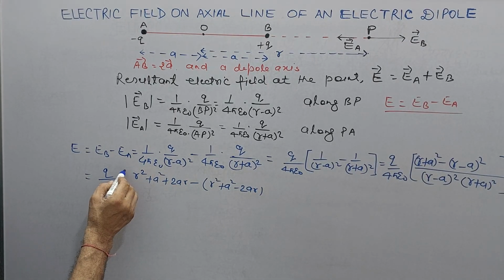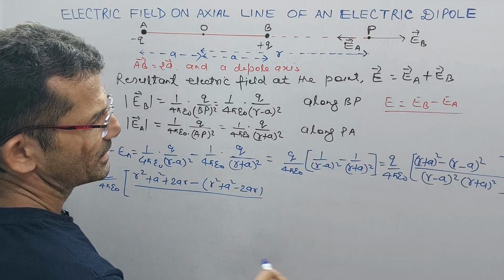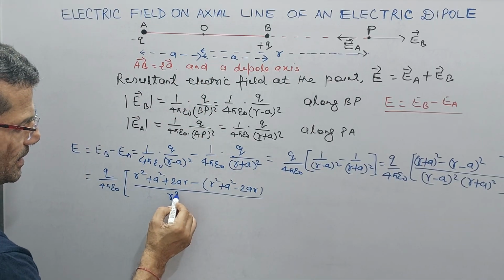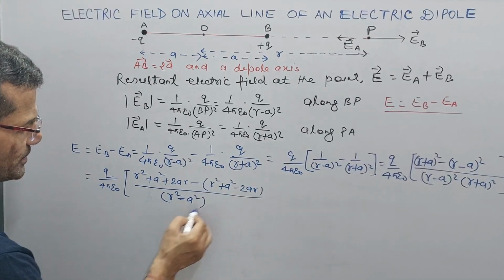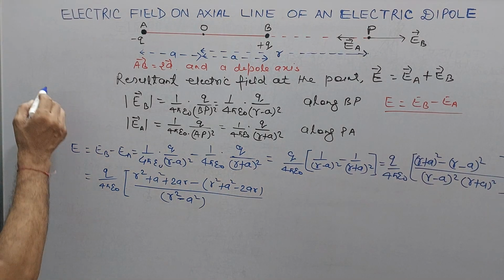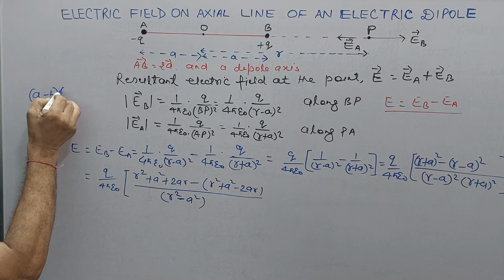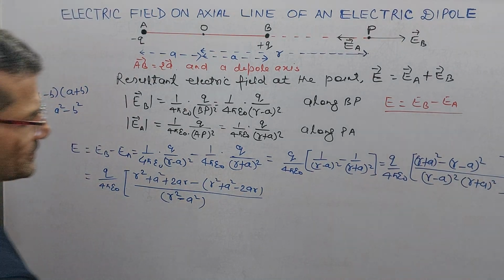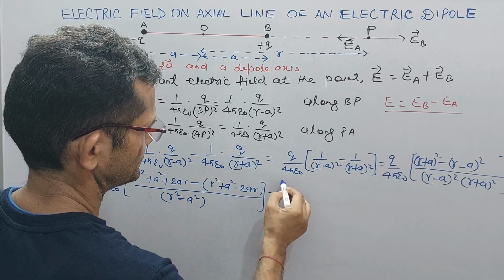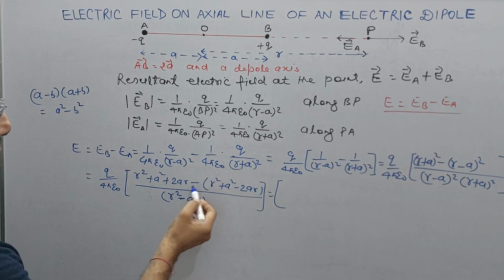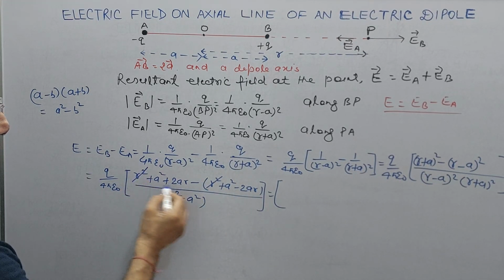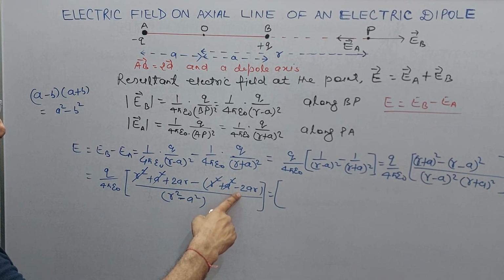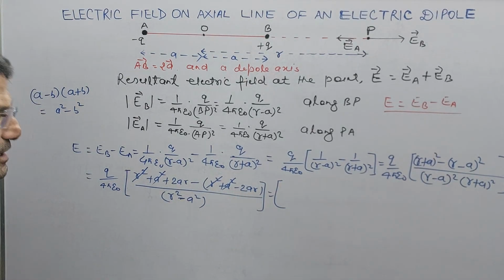In the denominator we have a minus b times a plus b, which means R square minus A square whole square, using the formula a minus b times a plus b equals a square minus b square. Now close this bracket. If you remove this bracket, minus R square cancels out, plus A square cancels, and minus minus becomes plus, so twice AR plus twice AR will be 4AR.